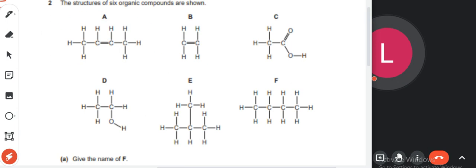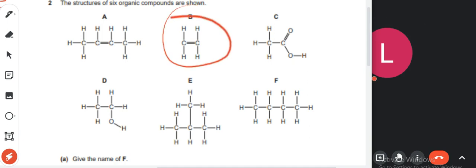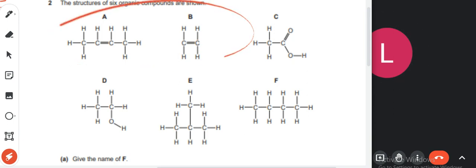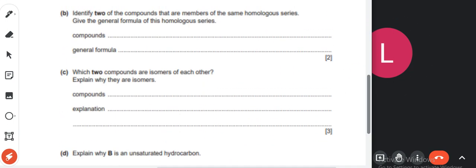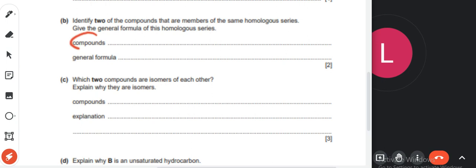This is an alkene with a carbon-carbon double bond. This is also another alkene with a carbon-carbon double bond. So A and B all belong to alkenes, the same homologous series. The general formula of all alkenes, you can find that, is CnH2n.